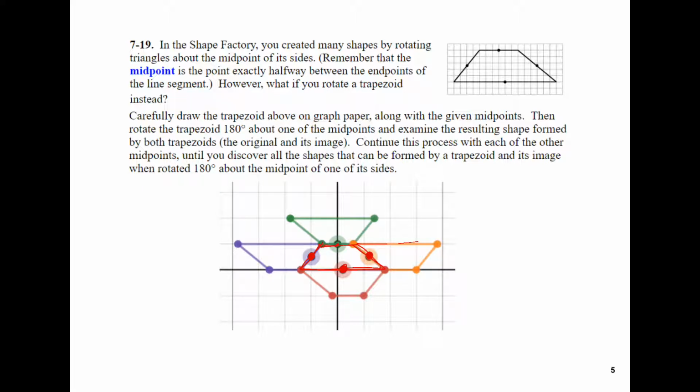So we can see that when we rotated the orange and the purple, these formed parallelograms with our original trapezoid. And you can see when we rotated the green and the red that we formed one convex figure and one non-convex figure.